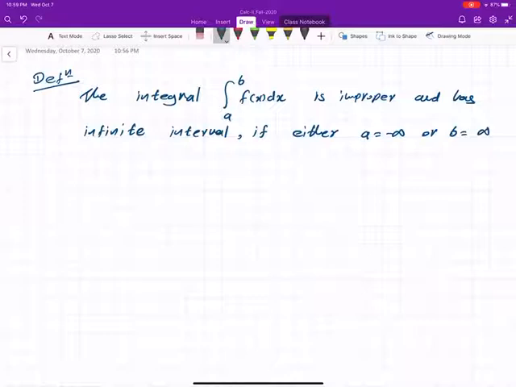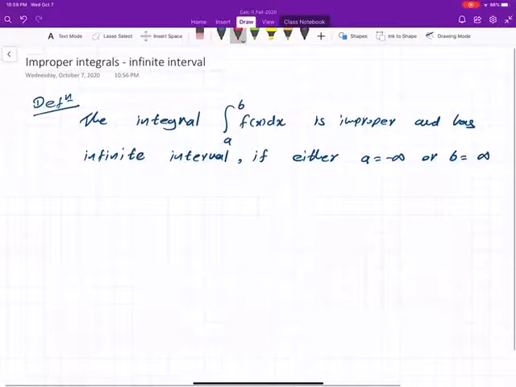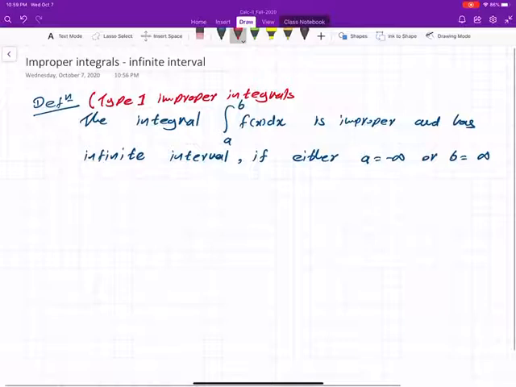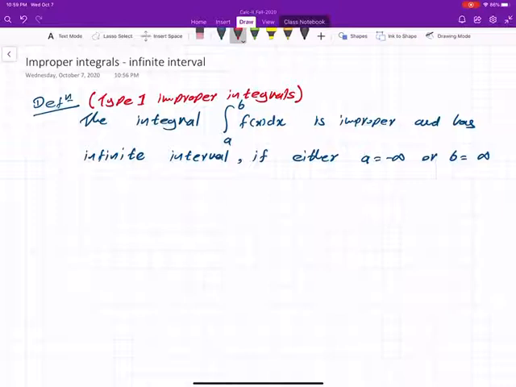All right, this is called type 1 improper integrals, which is infinite intervals.